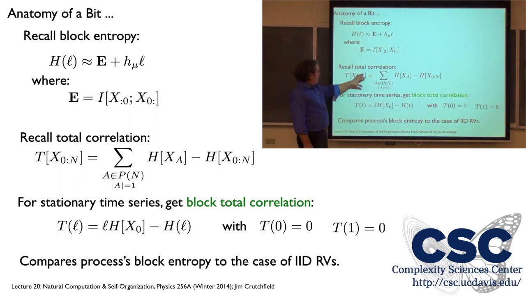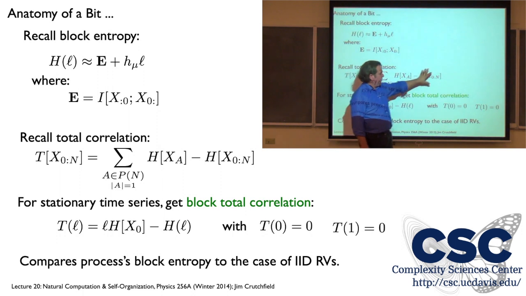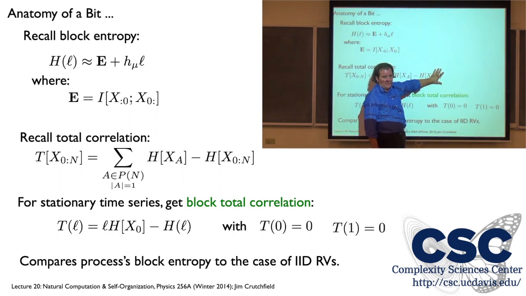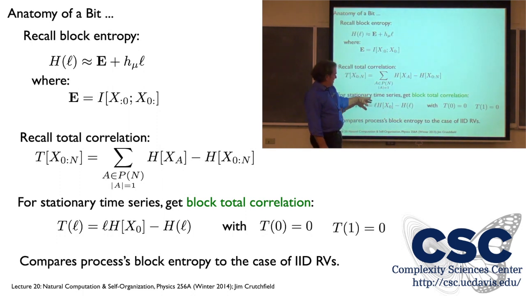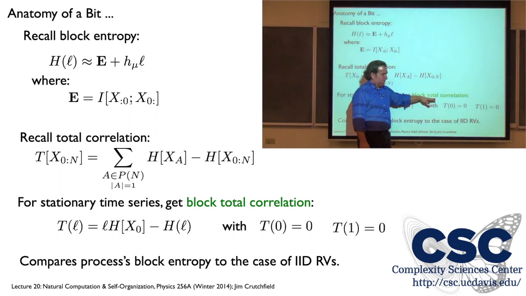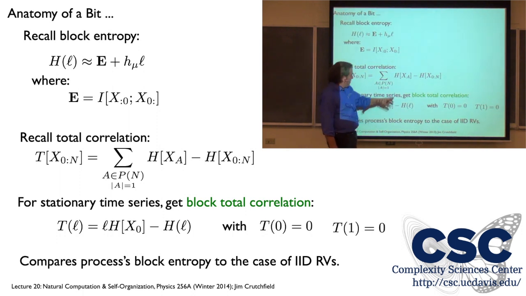One of the things we introduced on Tuesday was called the total correlation. It was the sort of difference between the individual random variables and the joint in the collection. So we can do the same thing for a time series. So here's the time series version of this, block total correlation. If we're looking at individual symbols and we have a stationary process, then this is just h of x at 0.